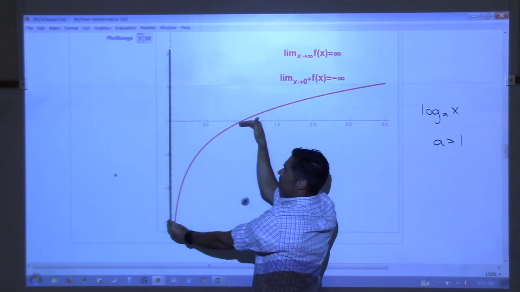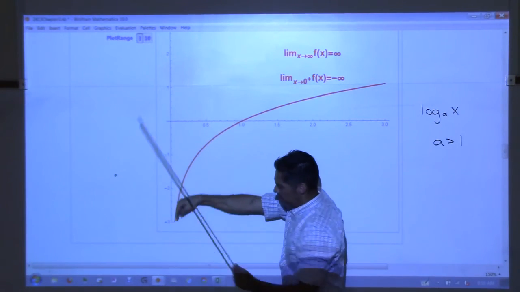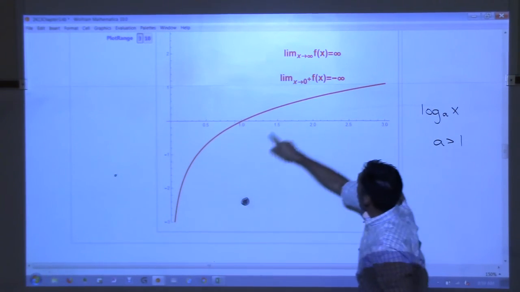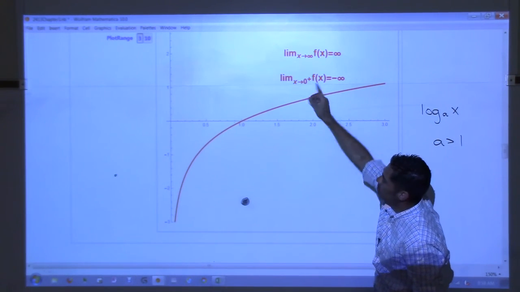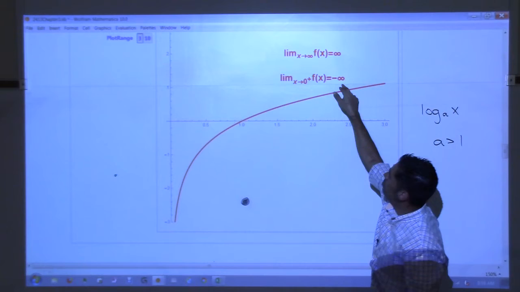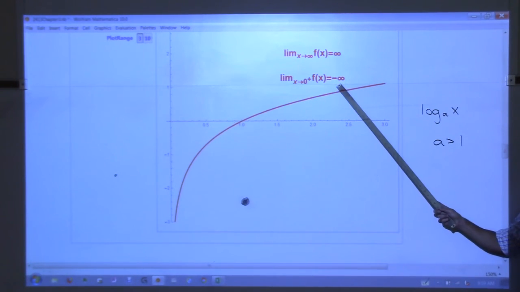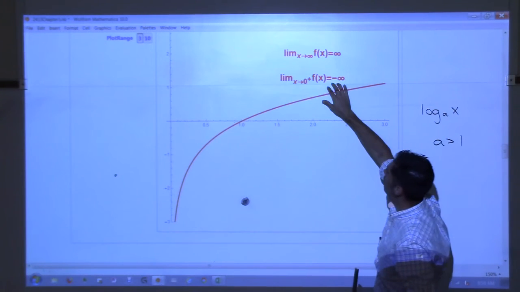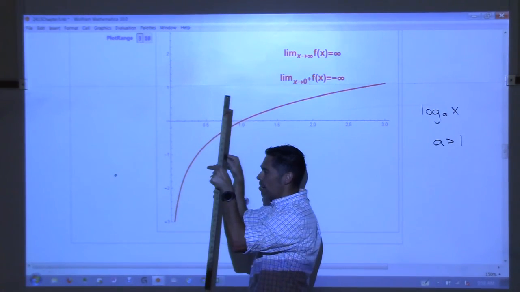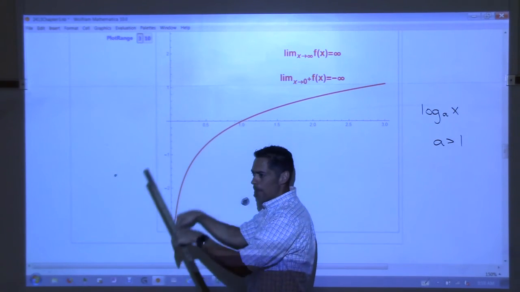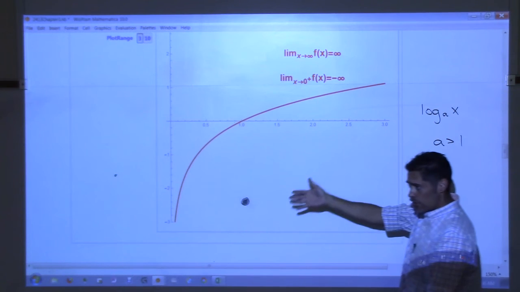So what happens is I start to go towards 0. Where is the function headed? Negative infinity. And that's what this is saying. The limit as x approaches 0 from the right, from this side, of the function is negative infinity. Do not forget that, all right? Students always forget this fact right here. As you approach 0 from the right on a logarithmic function, it drops to negative infinity, all right? See it in the picture?